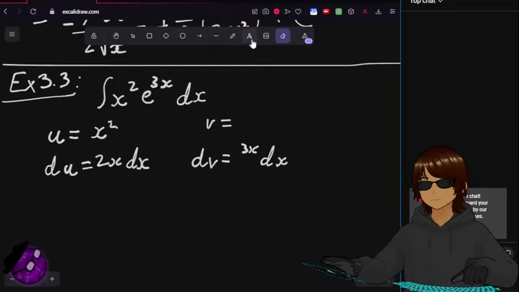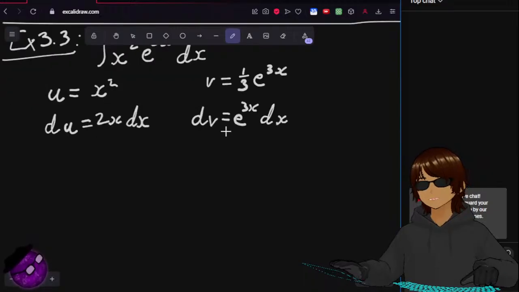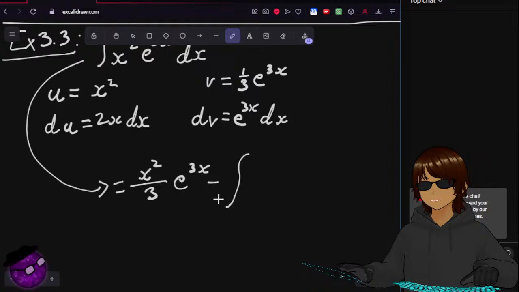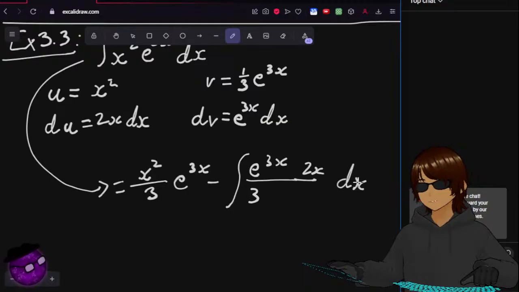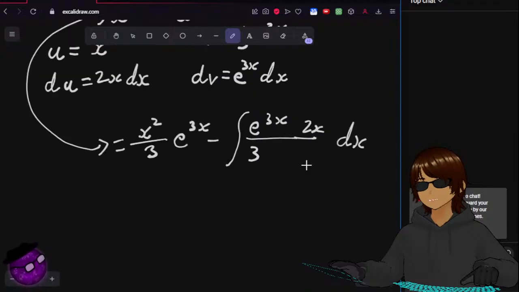So if I derivate this, yes, it's correct. So then this is equal to u times v minus it with v times du. This is worse. I don't even know if I'm right.